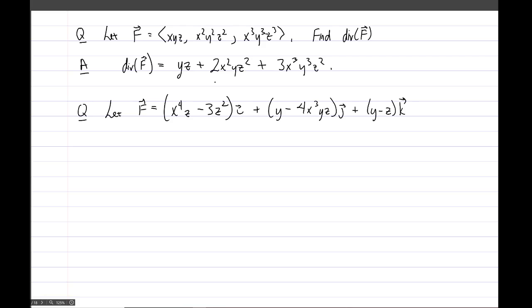So it's just written in ijk form instead of in the angle bracket component form. And then find the divergence of this vector field. Give this a video pause, try it on your own, see what you get.